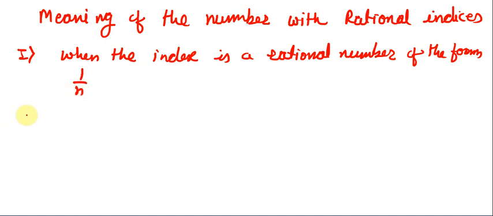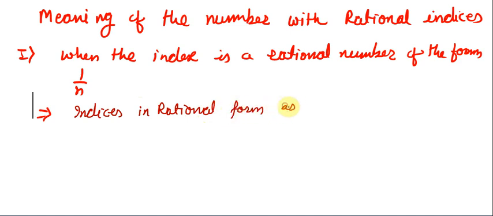Let's suppose we have indices such as rational numbers, indices in rational form, as 1 by 2, 1 by 3, 1 by 5, up to 1 by n.